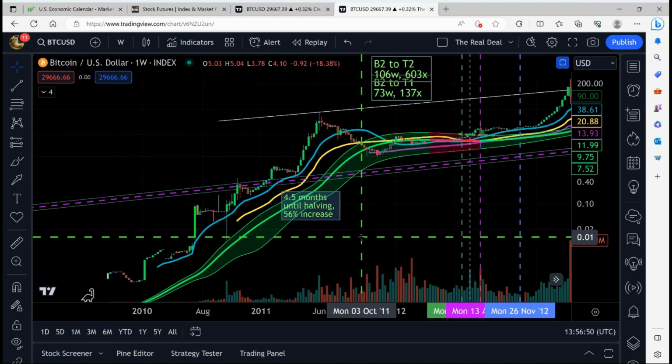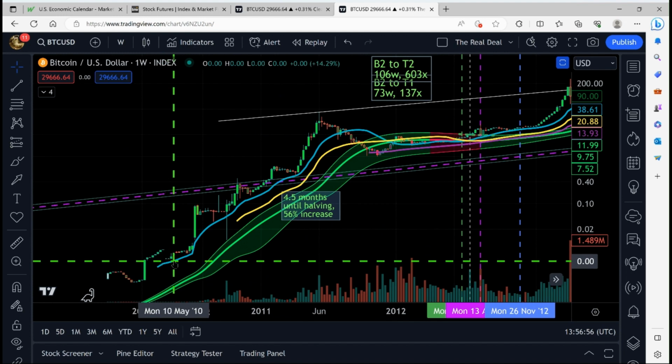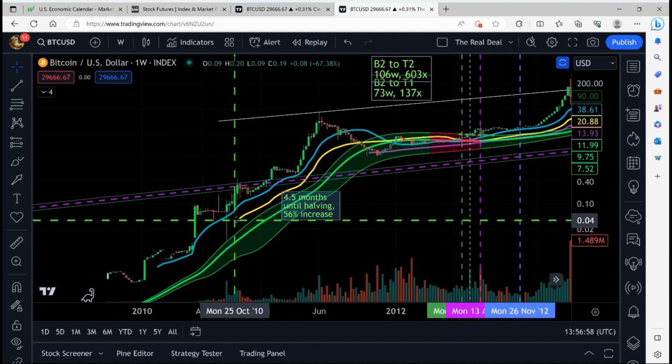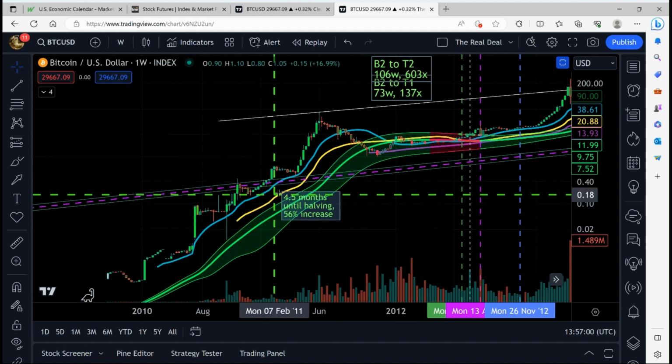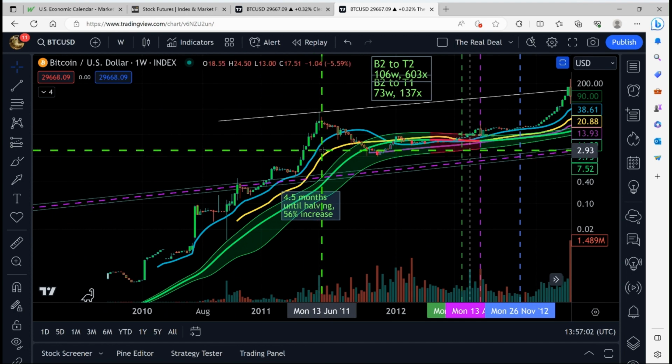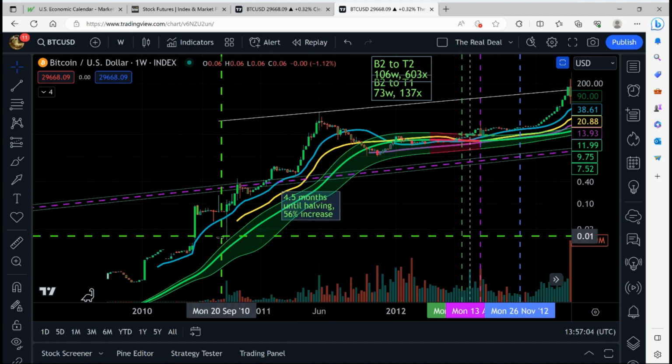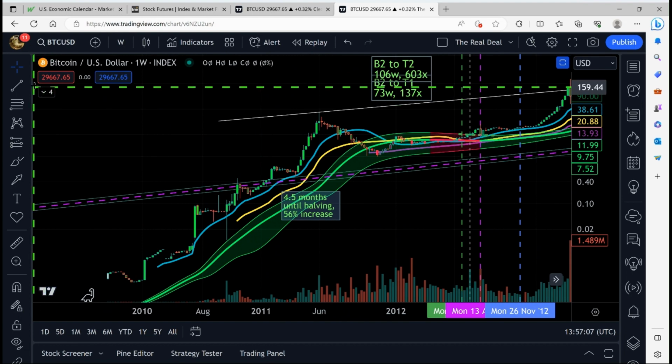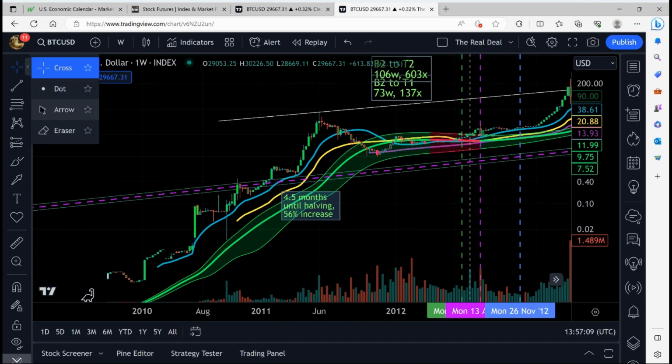So we're just going to look at what Bitcoin has done over its entire history. You can see in the bull run, we maintained the 20 weekly moving average as support. Let me move this cursor to a little arrow.